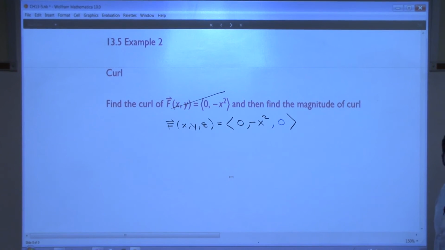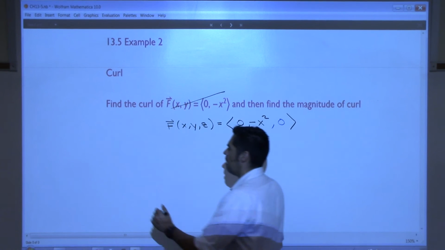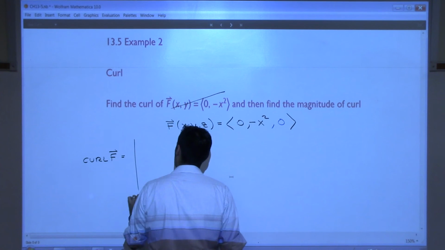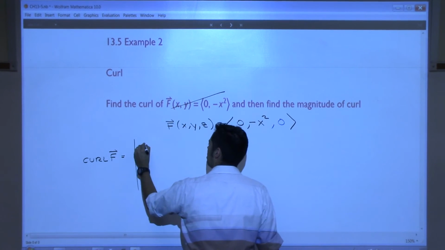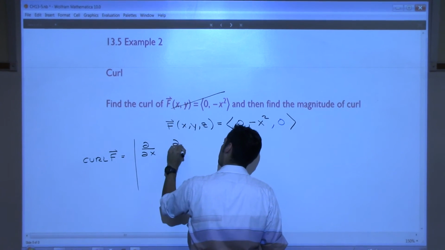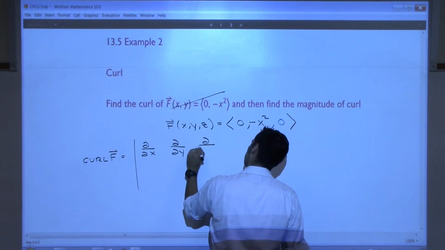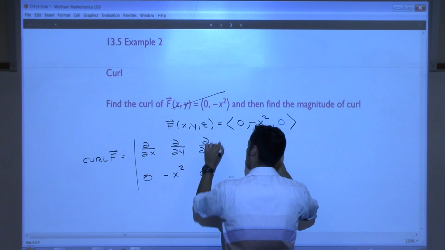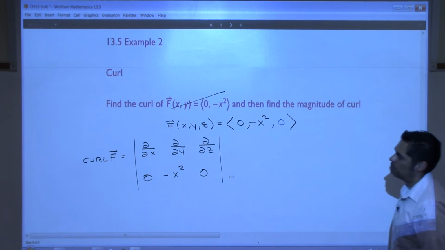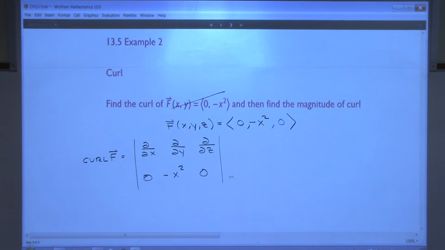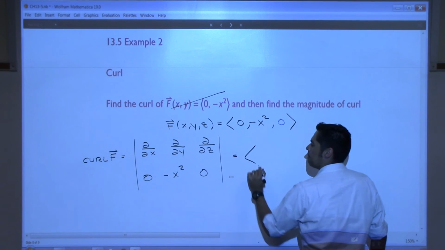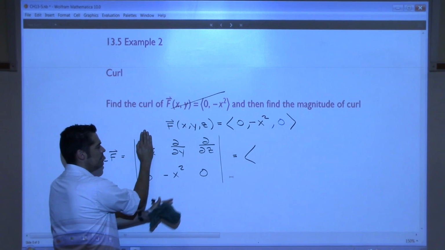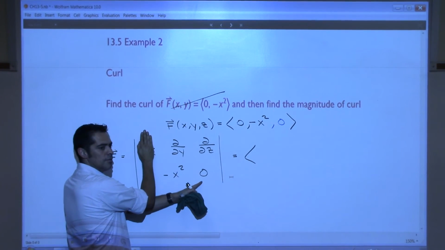And then you can do your curl. So curl F, I think this one's going to go pretty quick. I'm going to write my notation this time the way I did it on the homework. What's the curl? Cover this up. Partial with respect to y of 0, 0.